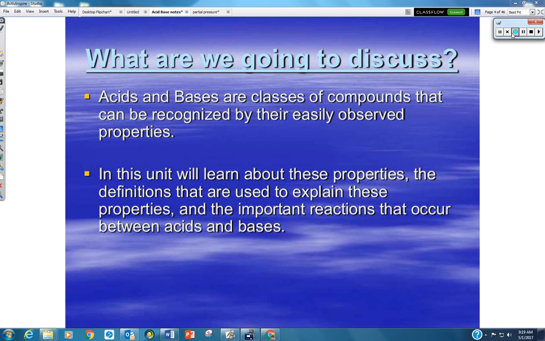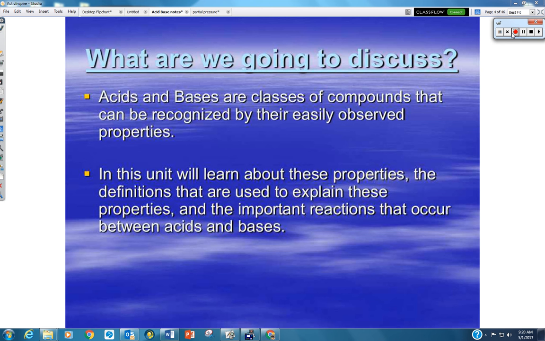So what are we going to discuss today? We're going to be looking at acids and bases as classes of compounds and start being able to recognize their properties to identify something as an acid or a base. One of the things that we cannot do with acids and bases is just look at it as it's sitting here.